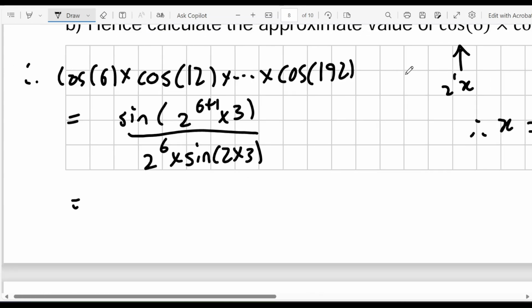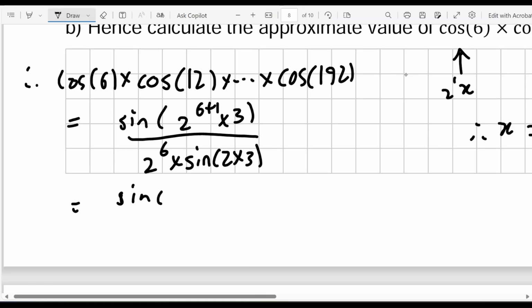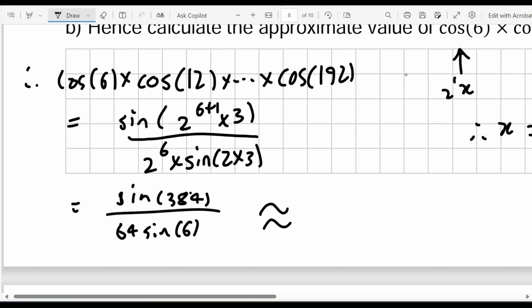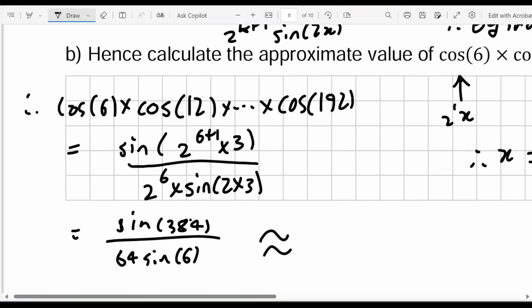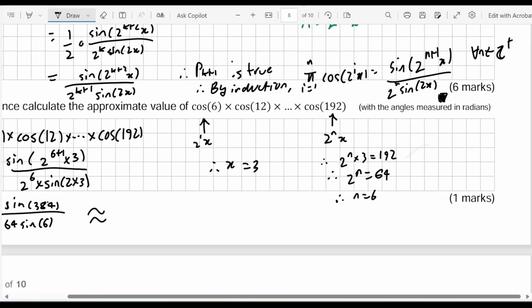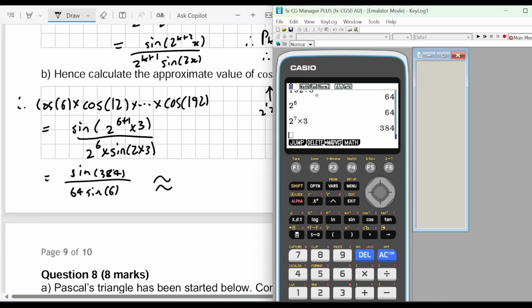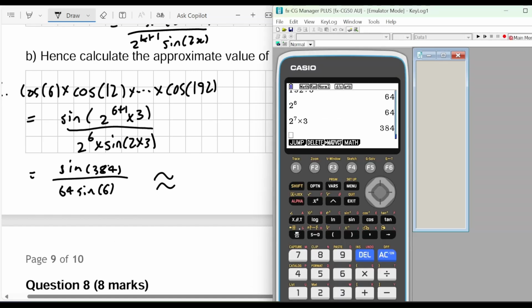So this is sine of 384 on the top, and 2 to the 6 is 64, sine of 6. So we'll see what we get for this approximate value. Make sure you're in radians for this question, because I've specified radians over there. So that is going to give us sine of 384 on the top, and 64 times sine of 6. There we go: minus 0.0371.